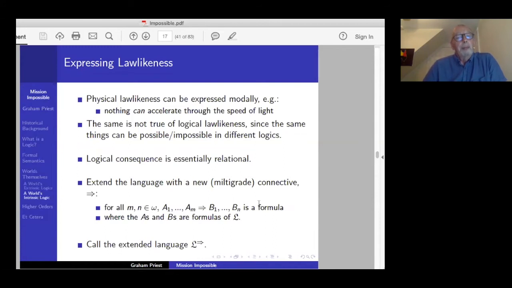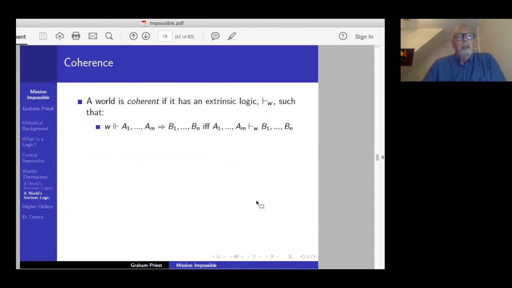Okay. And I'm going to use the double arrow to single out one intrinsic consequence relation from all the extrinsic consequence relations. And it's going to work like this. I'm going to call a world coherent if it has an extrinsic logic, turnstile W, such that W makes A1 through Am double arrow B1 through Bn hold just if B1 through Bn really is a consequence of A1 through Am according to W. So what that's saying is that the true double arrow sentences in W really express or track this particular extrinsic logic.